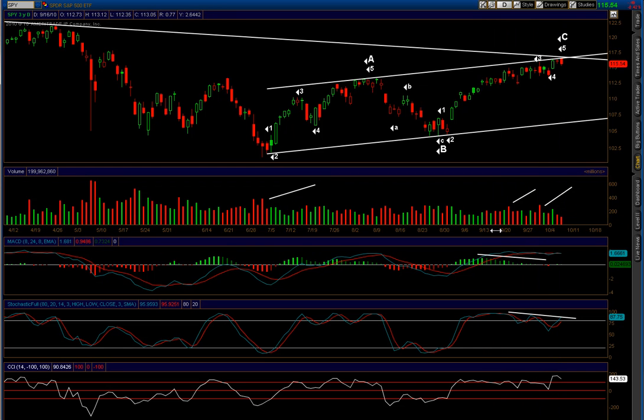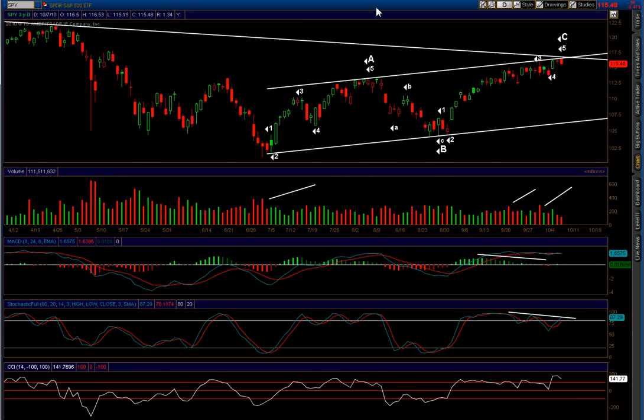Distribution meaning that people are getting out, distributing their gains for the past year and a half or so, and the big money has been getting out to minimize their risk or exposure, minimize the risk of what they have in the markets for their customers.